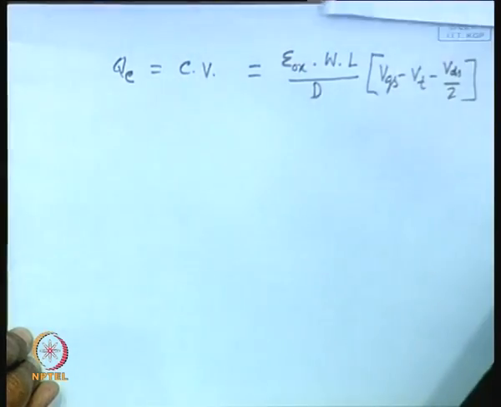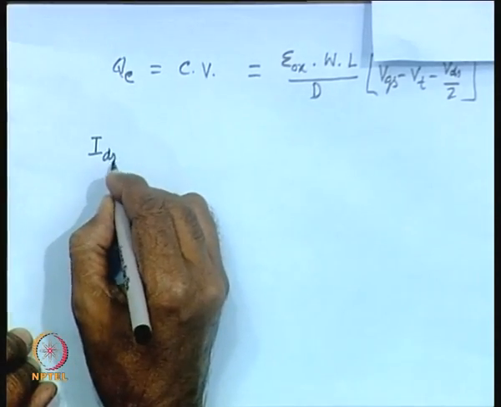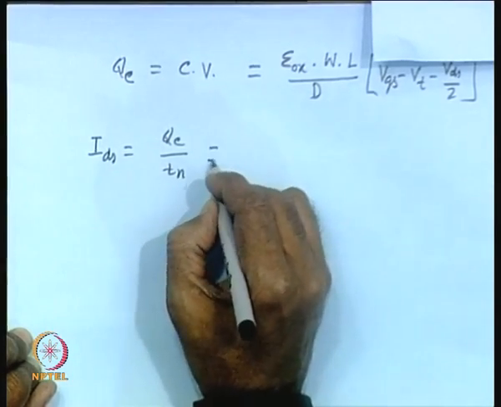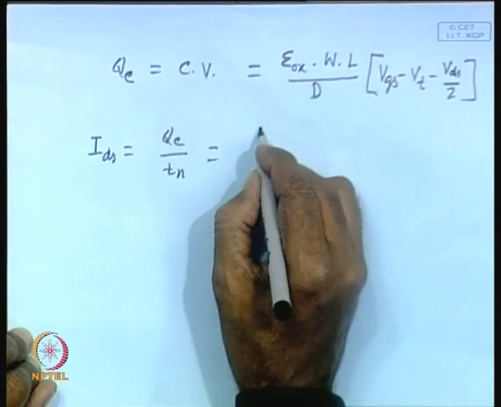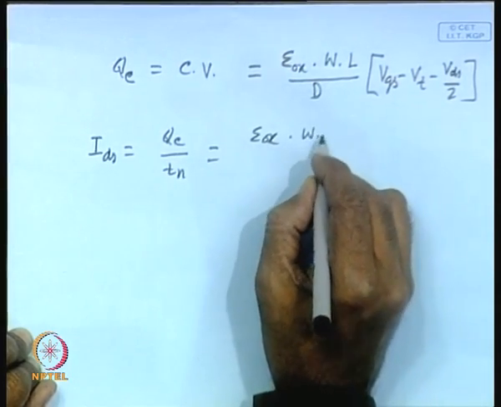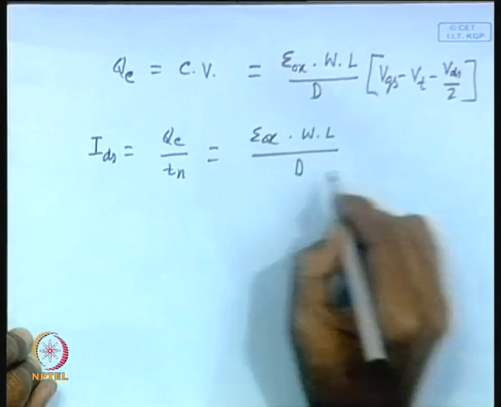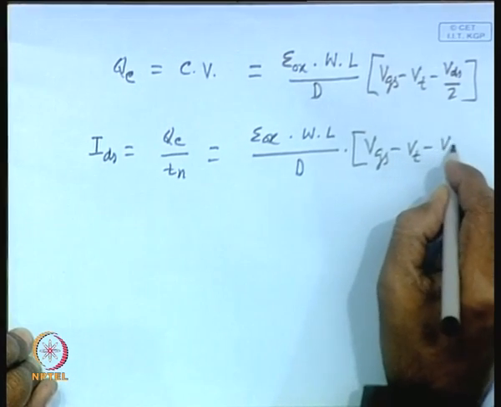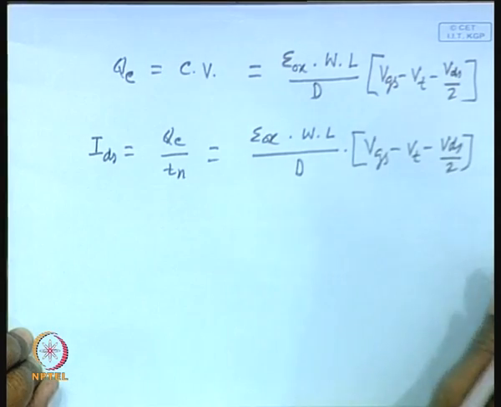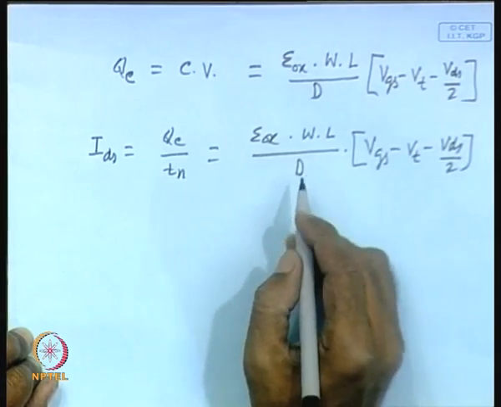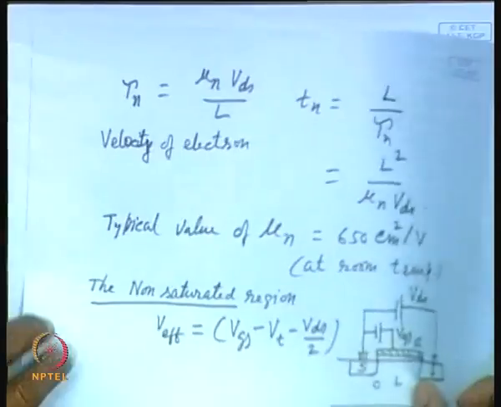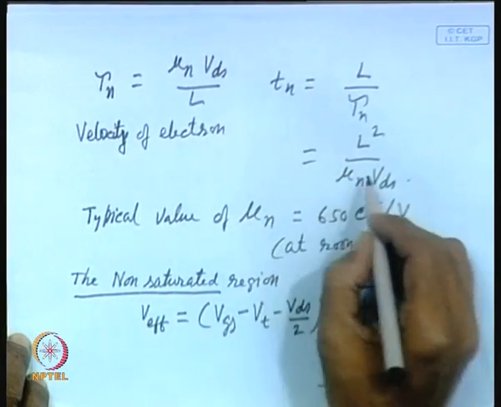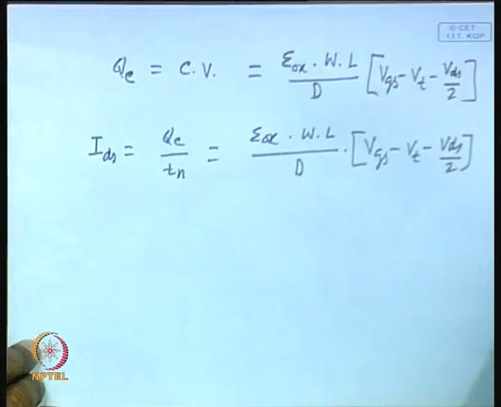That means IDS is equal to QC by Tn, that is epsilon oxide into W into L by D into VGS minus VT minus VDS by 2, divided by L square by mu n VDS, which is the expression for the electron transit time. So, what will happen here?